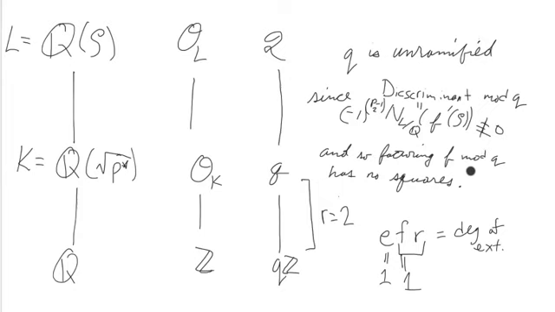But if it has no square factors, then q itself will not decompose as a prime multiplied to itself anywhere along the line, which means it's unramified. Its ramification index is 1 the whole way through in each extension. So E will always be equal to 1. What we're going to show now is that F, the inertial degree, will also be equal to 1, which will force R to be 2, which will make Q actually split right here.